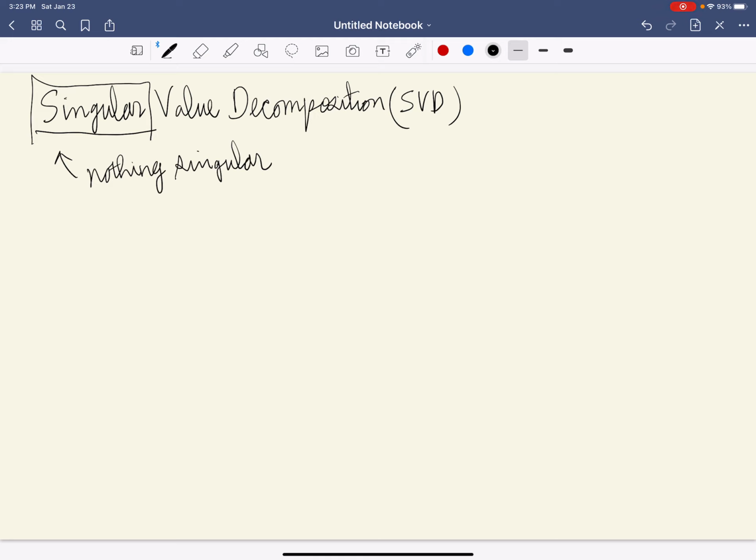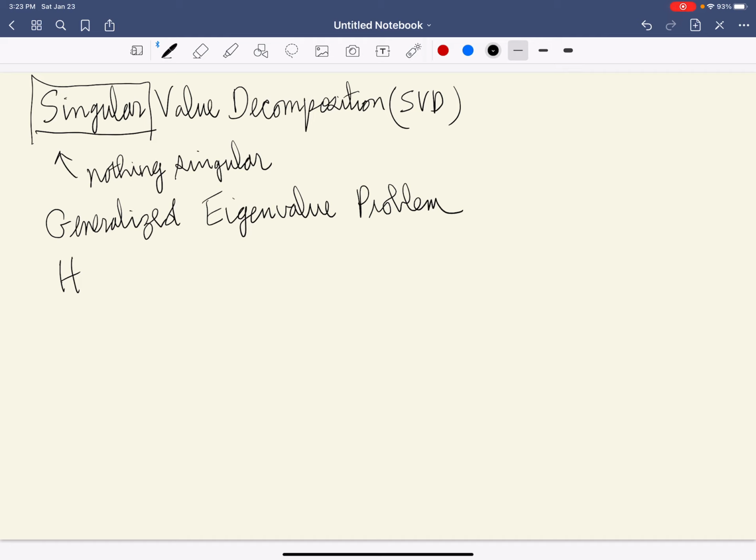I would say it's a generalized eigenvalue problem. At least that's how I would like to view this technique. So the eigenvalue problem really makes sense for a matrix which is a square.